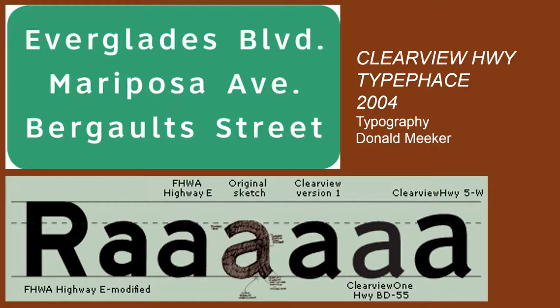They're uppercase and lowercase, because it's more difficult for our brains to process all caps. When you write in all caps, what does it look like? It looks like somebody's yelling at you, right? So this Clearview Highway typeface was developed for a high level of legibility. Even at night, you would be able to see it much better than the typeface we had before.